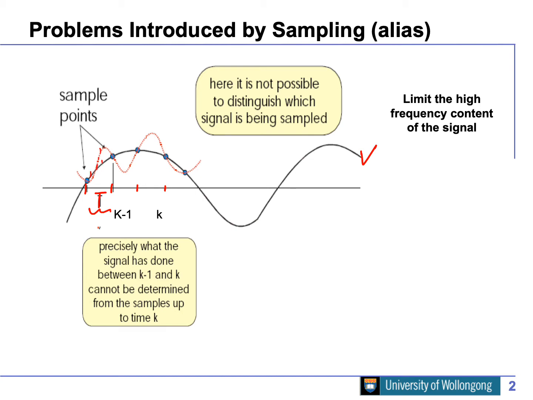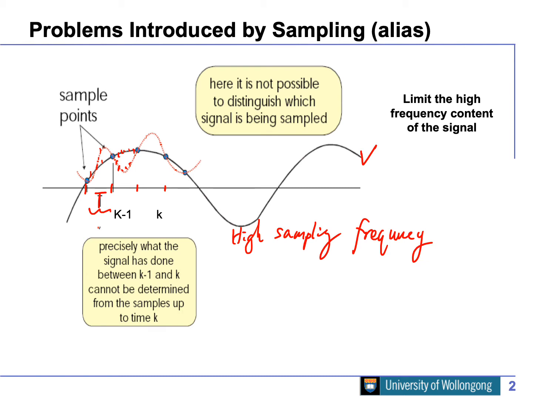If we get more samples in between, then we can tell: if the sample is over here, it's the red signal, and if it's over there, it's the black signal. But when we don't have enough sampling instances, it's hard to tell. Getting more sampling points means you need a higher sampling frequency.